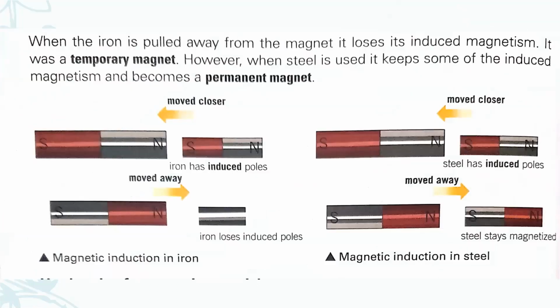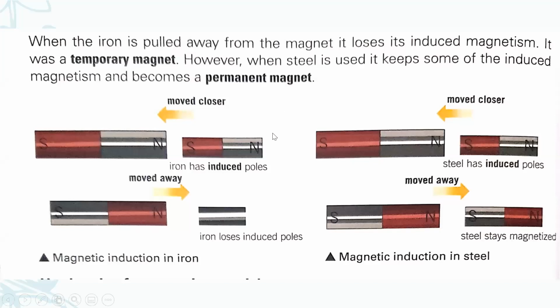Now you can see here in this figure, things will be quite clear to you all, how a temporary magnet and how a permanent magnet form. Now come towards the temporary magnet first. In a temporary magnet, when the iron is pulled away from a magnet, it loses its induced magnetism.